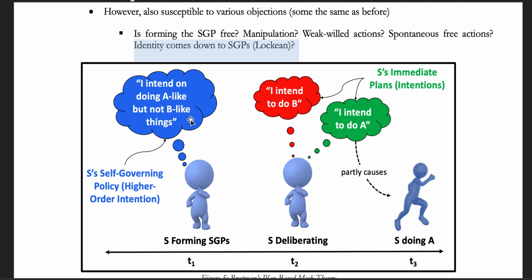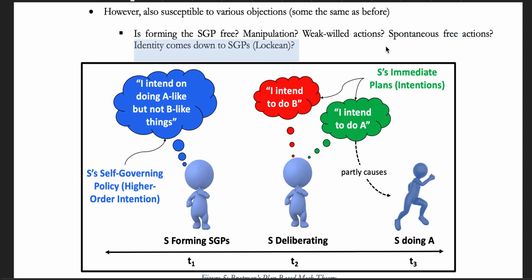Okay, and then identity here, literally personal identity, who you are, is going to be what's called Lockean. It's going to be these psychological connections between these higher order states that make up who you are. And so if you do something like I just said, these kind of crazy spontaneous actions that go completely against your deeply held self-governing policies and intentions and plans and values, not only is Bratman not going to be able to say that that can be free, but he's going to say that that's going to be against your own identity.